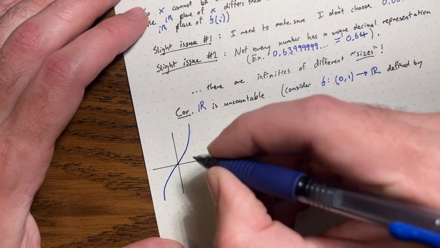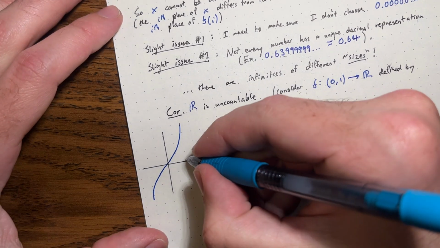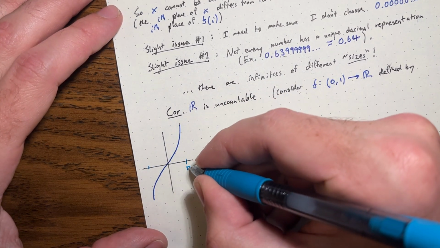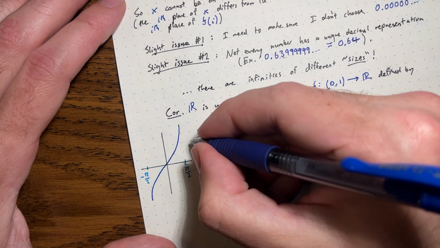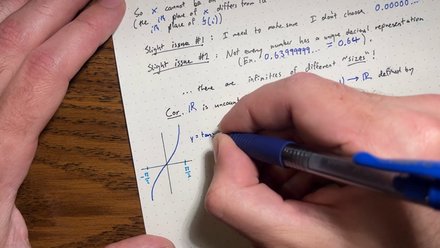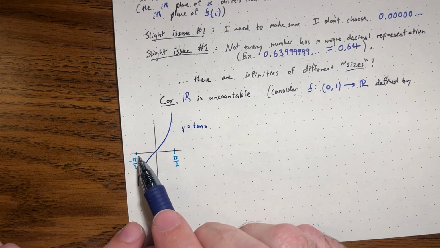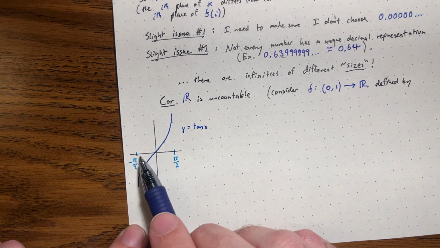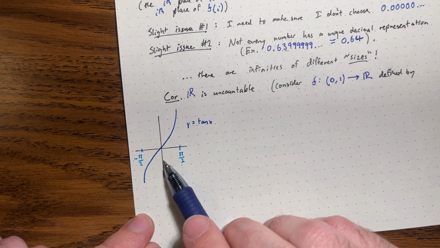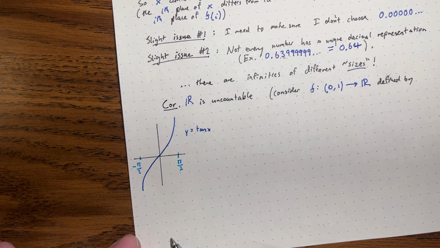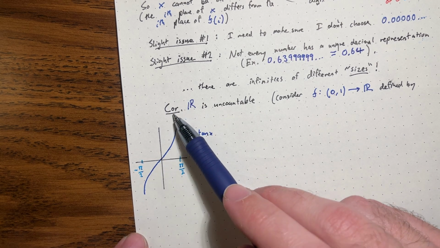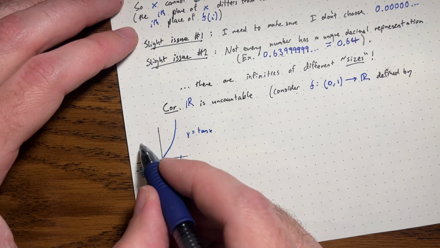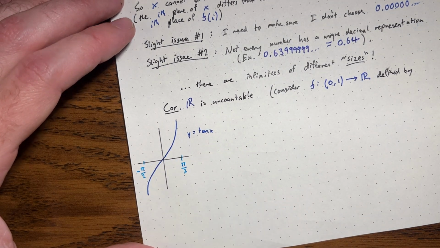It's something like this, and it has vertical asymptotes at pi over 2 and negative pi over 2. What you can notice is that tangent x will map the interval from negative pi over 2 to pi over 2 onto the entire set of real numbers, right? Because this goes off to infinity, and this goes down to negative infinity. And as you can see by the graph, it's one-to-one as well. It's injective, right? Any horizontal line meets it at just one place.